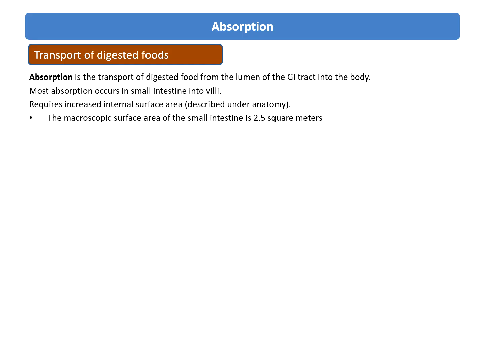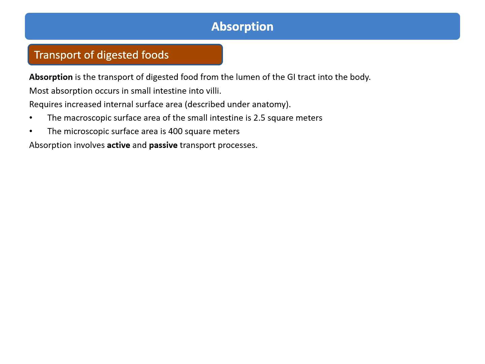The macroscopic surface area of the small intestine is something like 2.5 square meters. That is, if you slit open the small intestine and laid it out flat, the internal surface would encompass that area. Microscopic surface area, on the other hand, is something like 400 square meters. So it's a huge increase in surface area.